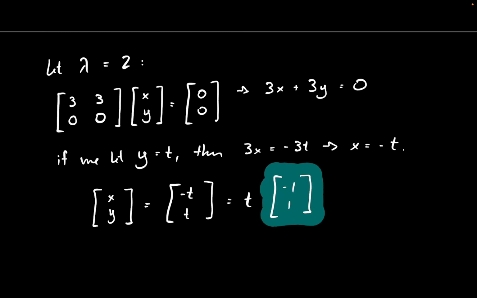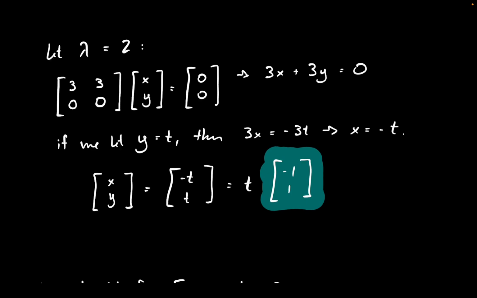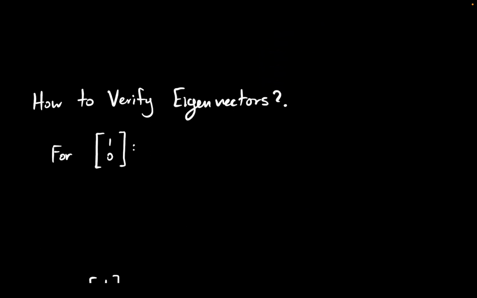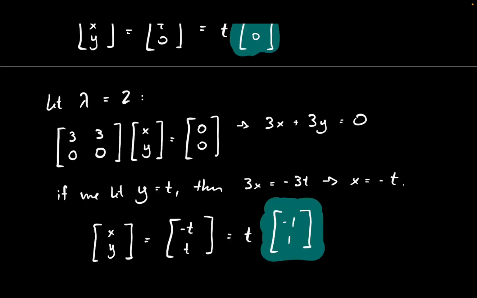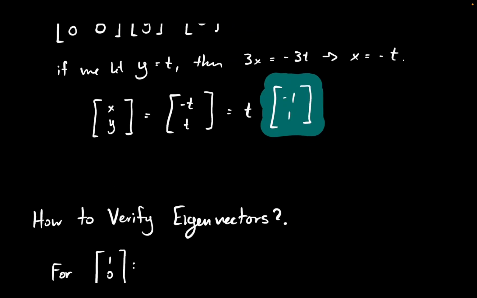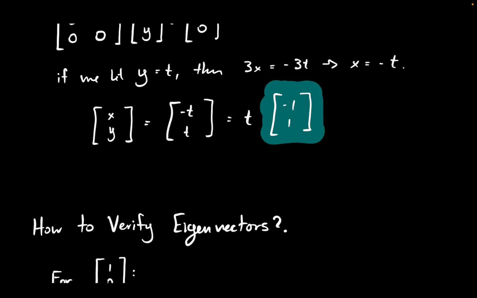Now, one thing I want to do real quick is show us how to actually verify that the eigenvectors work, because that's an important step to do at some point in the process. So we have 1, 0, and we have negative 1, 1. One thing to note is that eigenvectors don't necessarily have to be unit vectors. For example, our negative 1, 1 is not a unit vector. For it to be a unit vector, we'd have to do negative 1 divided by square root 2, 1 divided by square root 2.